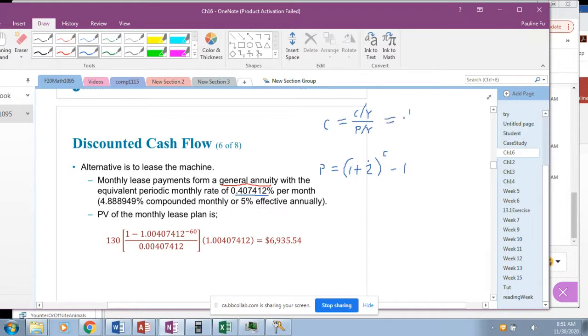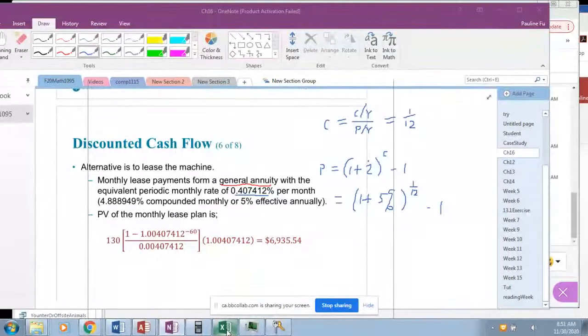CY is 1, PY is 12. Okay, so P equals 1 plus I, which is 5%, raised to power 1 over 12, minus 1. So I'm going to use Excel to do this.